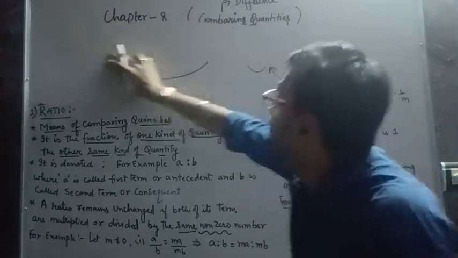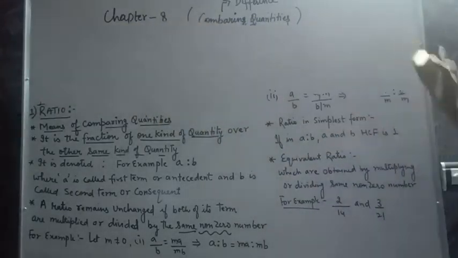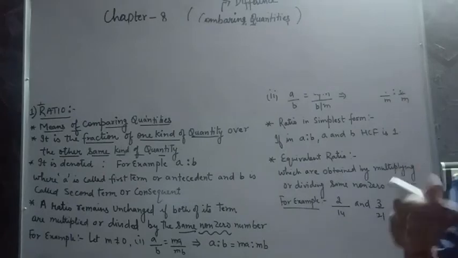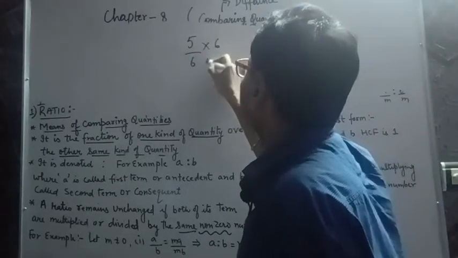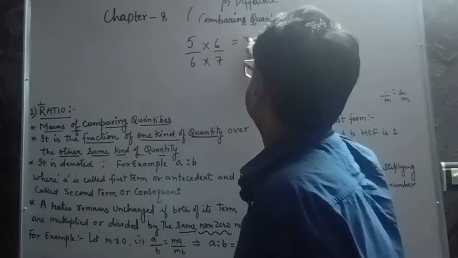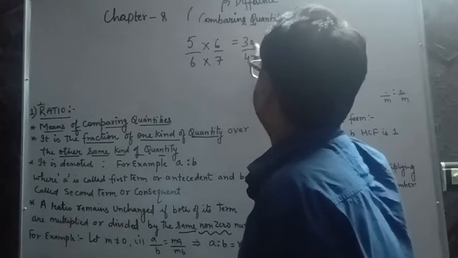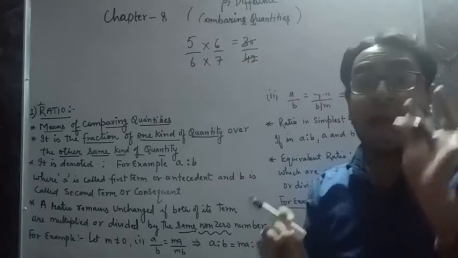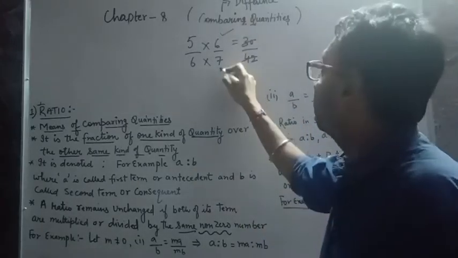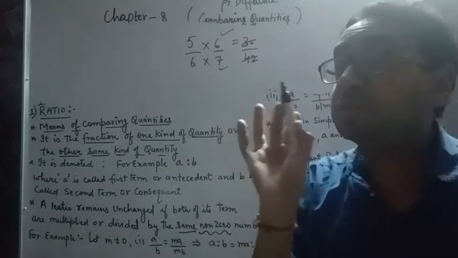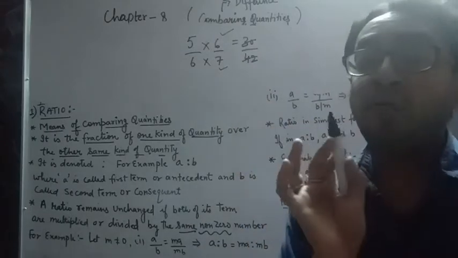I will see a few examples also later on, that what is the ratio. Now yourself tell me, I have taken 5 ratio 6. Is this correct according to you what I have done? What do you think? Am I correct? No, I am not correct, because the numerator I have multiplied with 6 and the denominator I have multiplied with 7, which is not a true condition for the ratio.